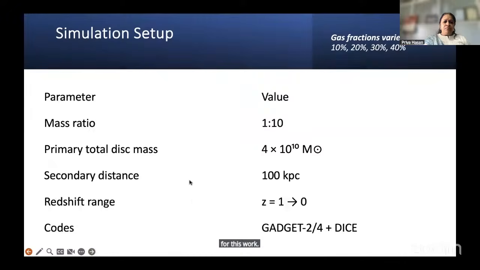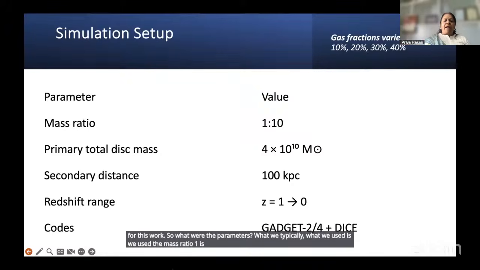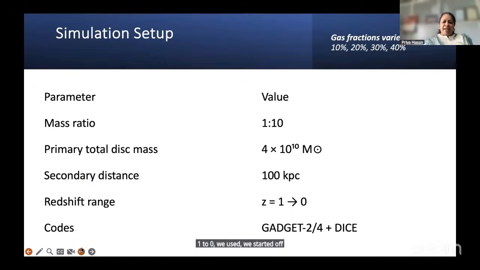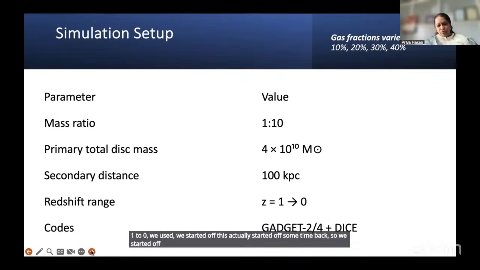So what were the parameters? We used a mass ratio of 1:10, and the primary disk mass was about 4 × 10^10. The secondary distance was about 100 kiloparsecs, with a redshift range of 1 to 0. We started off some time back with Gadget 2 and moved towards Gadget 4. We've also been using DICE to get the initial parameters.